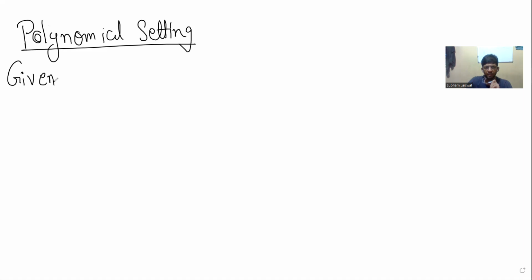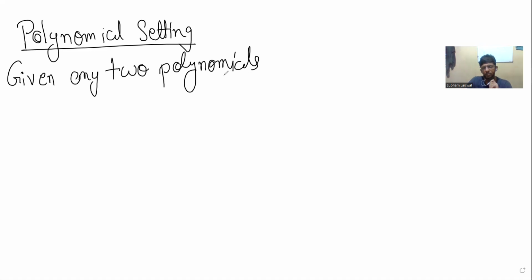The point is that given any two polynomials, p(x) and q(x). Right now I will not say where the coefficients are; for now it's just any two polynomials, p(x) and q(x).